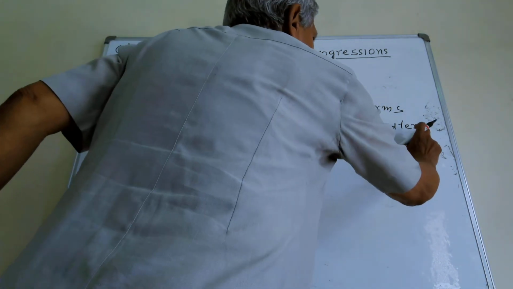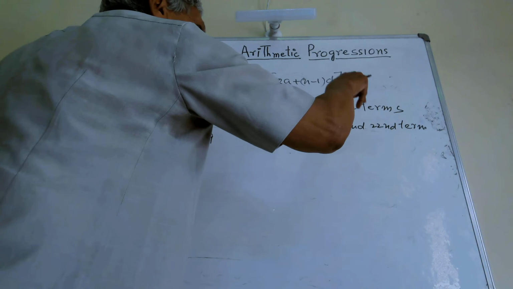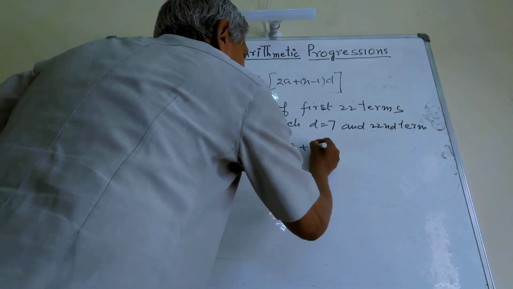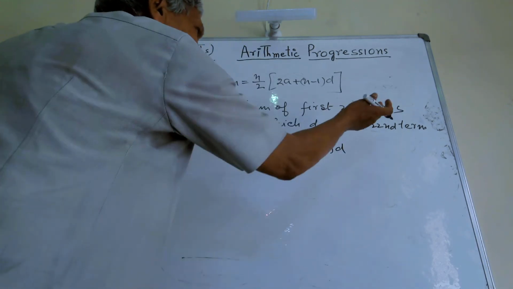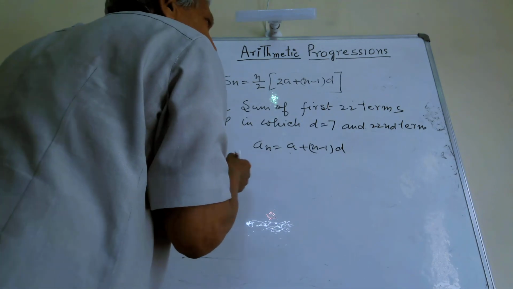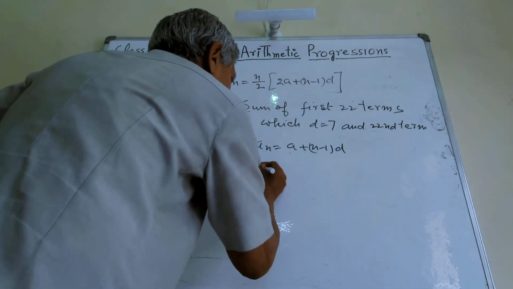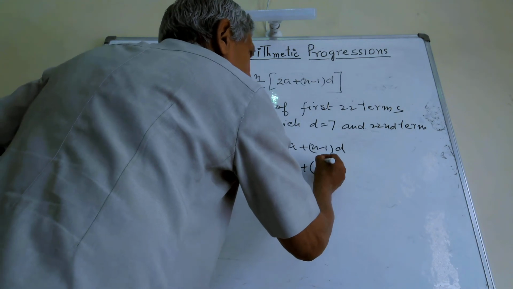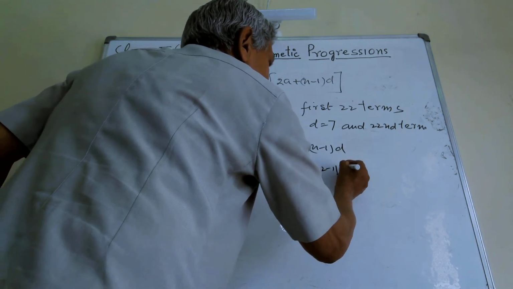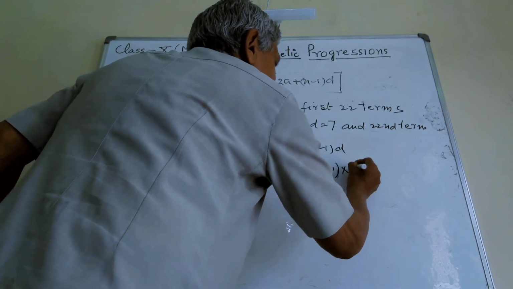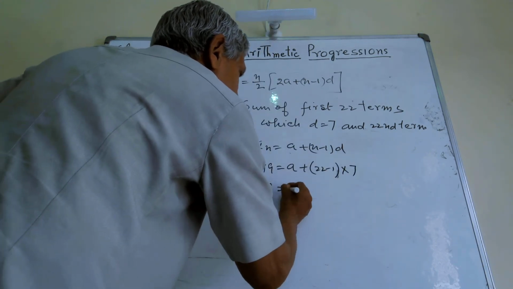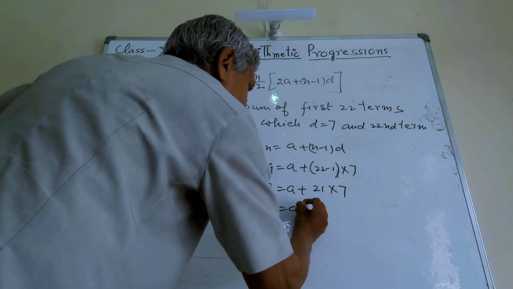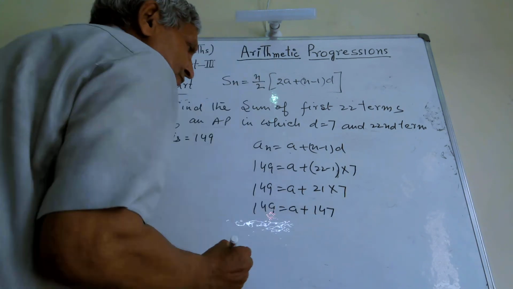So the 22nd term is given. It means we have to apply the formula for finding the term, an = a + (n - 1) d, because terms are given. 149 is equal to a plus (22 - 1), and d is 7. So 149 is equal to a plus 21 into 7, which is 147.